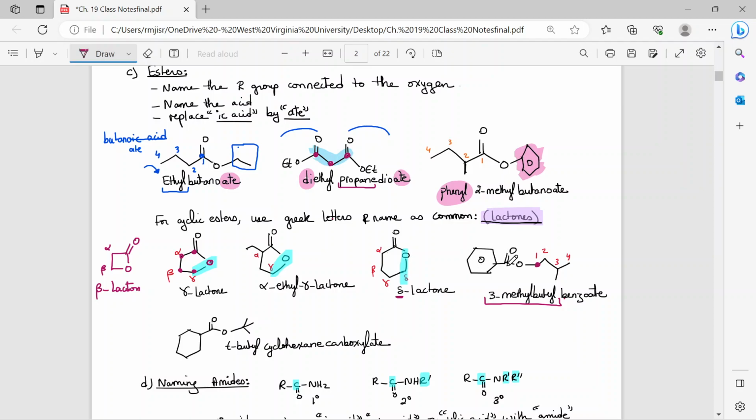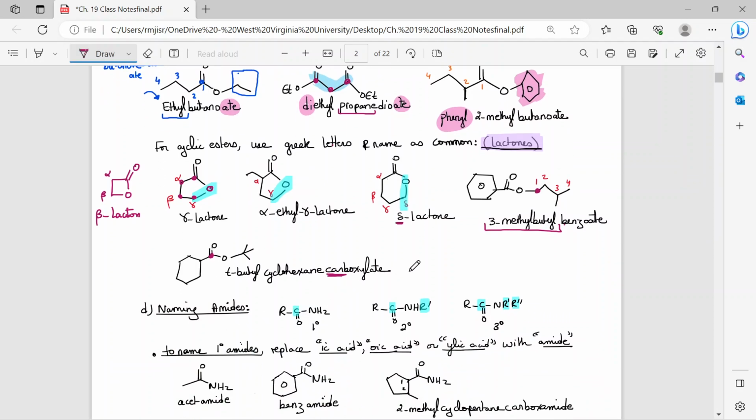This is benzoic acid. Drop the ic acid out and replace it by ATE, so it's going to be benzoate. This one is going to be a tertiary butyl. It is a cyclohexane, and it is not a benzoic. It is a carb, and because it is an ester, we're going to call it a carboxylate.